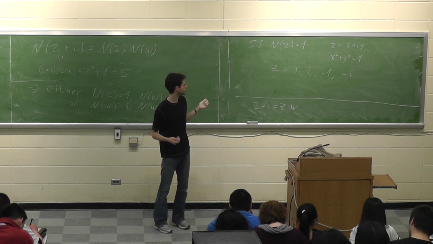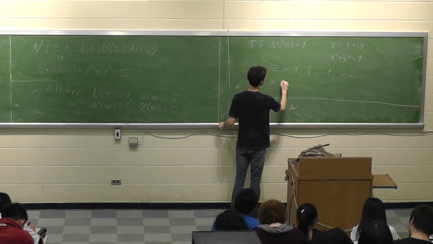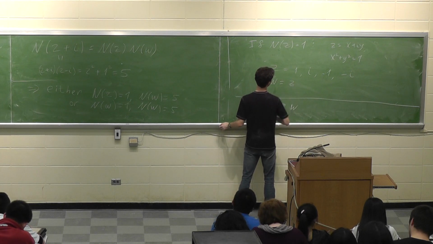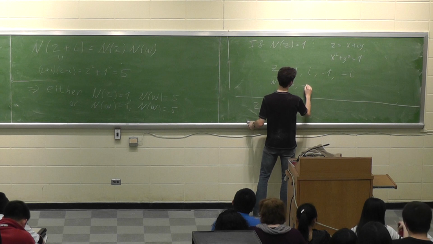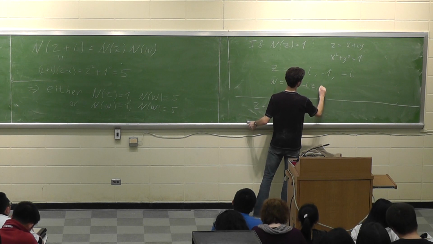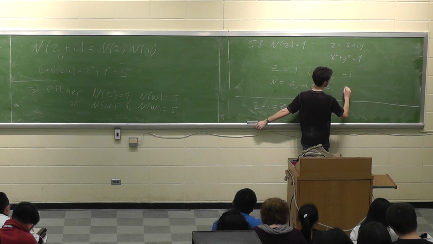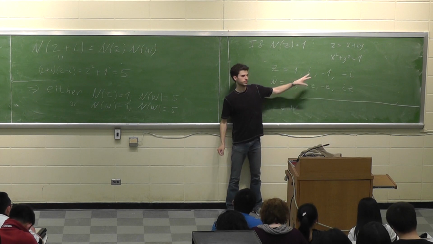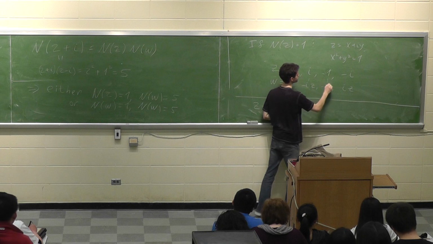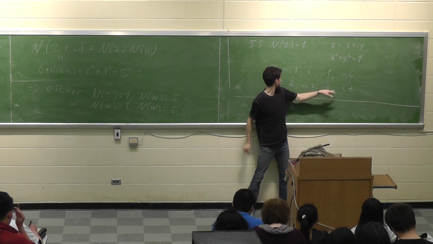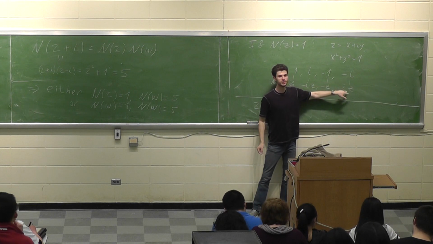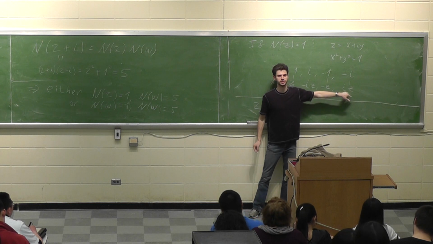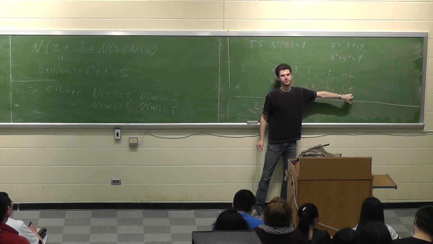And then the corresponding w is, well, either z or minus i times z, or minus z, or i times z. So if you take any pair here, they correspond to each other. So if z is equal to minus i, then w is i times z. If you multiply minus i by i times z, you get z.